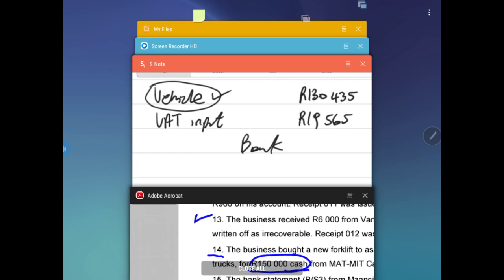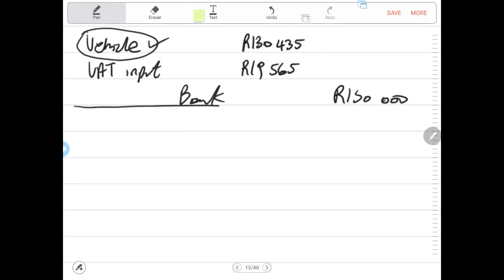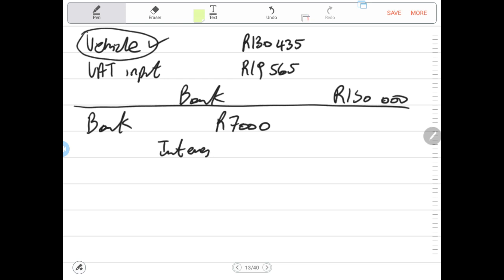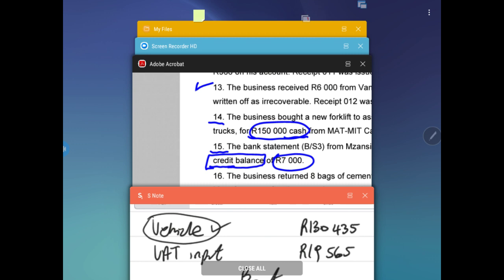If it's income, meaning we have received it, we debit our bank because we have received money, and this amounts to 7,000. Then on the credit side is interest income. Interest income is an income, and incomes increase on the credit side.